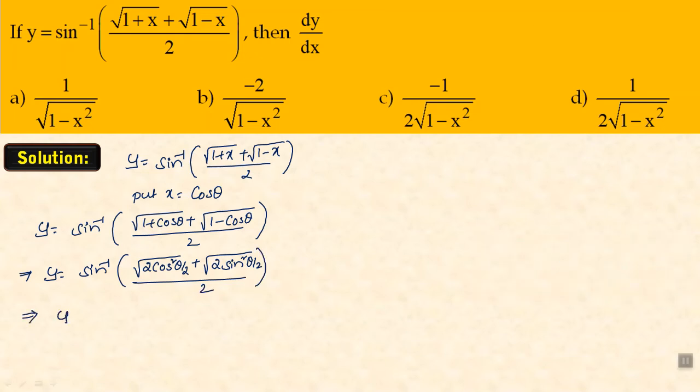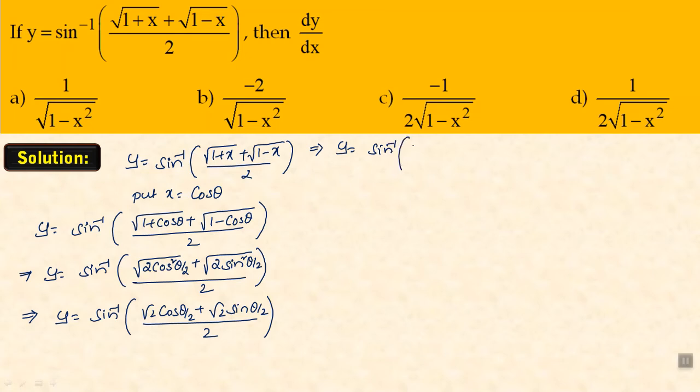That implies y is equal to sine inverse of, here root 2 into root of cos square theta by 2, that is cos theta by 2, plus root 2 into root of sine square theta by 2, that is sine theta by 2, whole divided by 2. That implies y is equal to sine inverse of root 2 by 2, that is 1 by root 2, into cos theta by 2, plus root 2 by 2, that is 1 by root 2, into sine theta by 2.